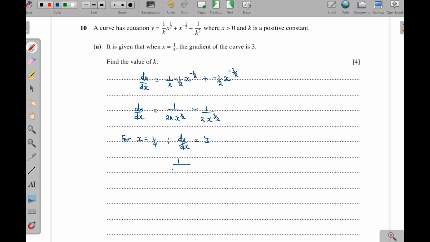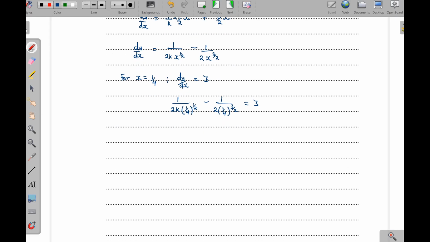So we have 1 over 2 of k, times a quarter to the power of a half, minus 1 over 2, times a quarter to the power of 3 over 2, and we equate this to 3. Now the square root of a quarter is a half, so 2 times a half gives 1. That means here we are remaining with 1 over k.